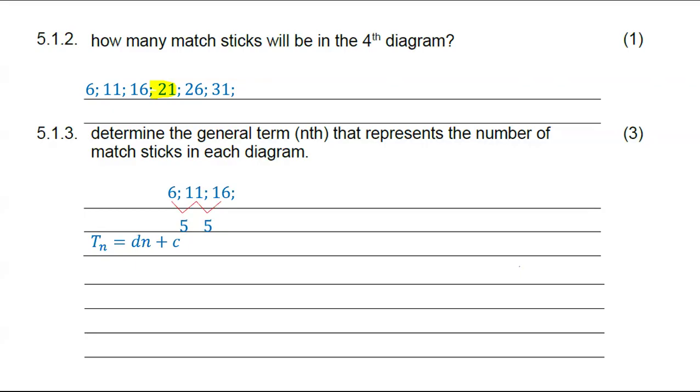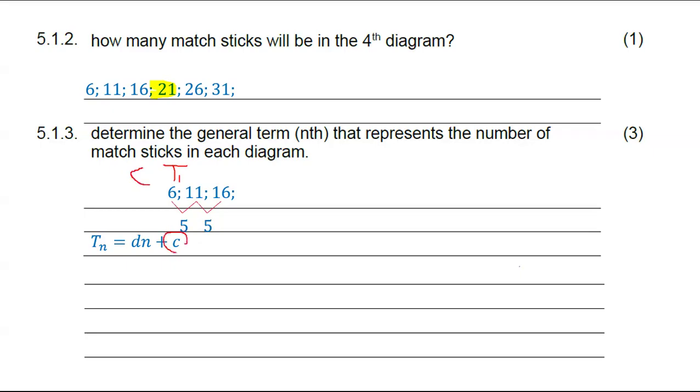And then 11 minus 5 gives you 6. Now find the term before the first term. Note that 6 is the first term. To find the term before the first term, that term will be c.